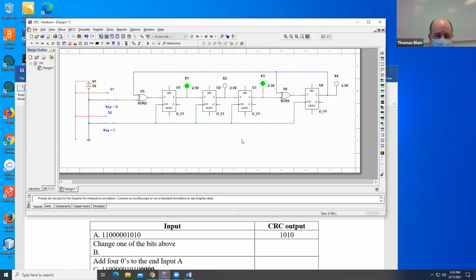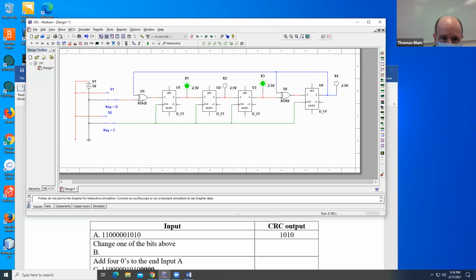Okay. So I built the circuit. I have a switch for the data and a switch for the clock. They can be high red and low black. The clock feeds into the clock of all of my flip-flops, so they are sort of synchronized.